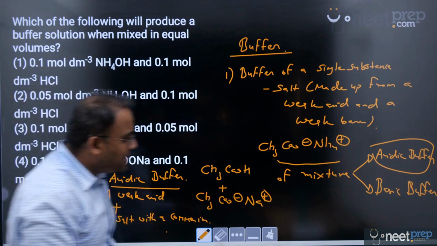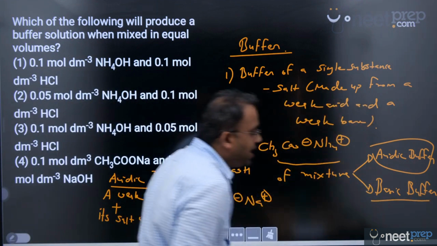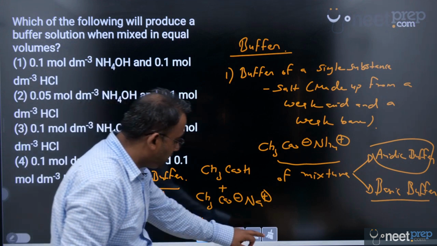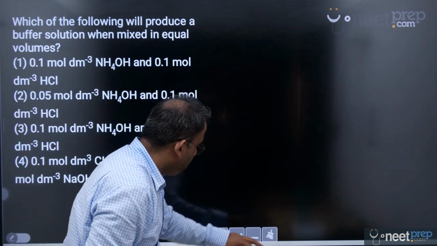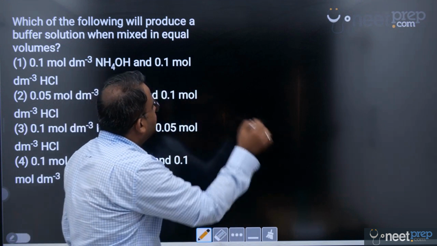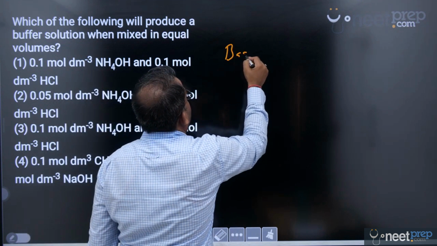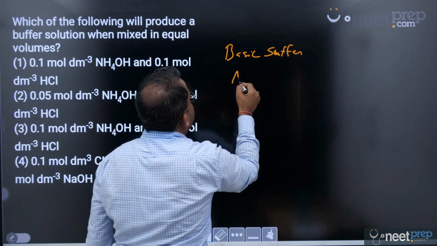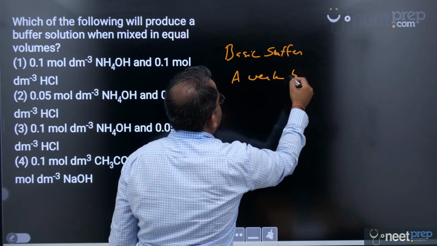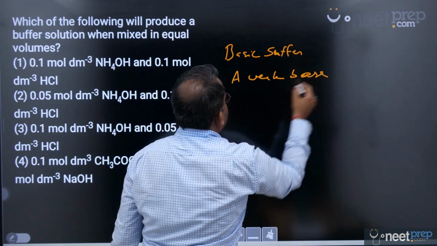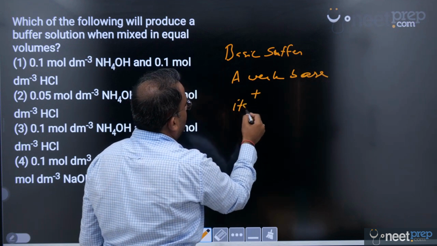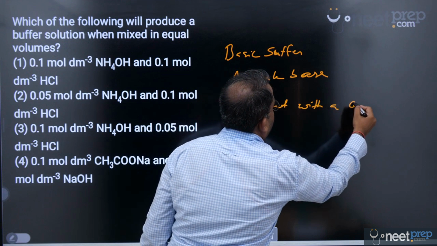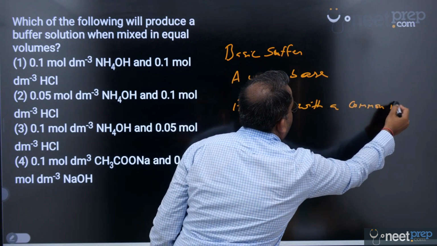And as far as a basic buffer is concerned, we again need a mixture. I hope you have written this information. A basic buffer requires a weak base plus its salt with a common ion.